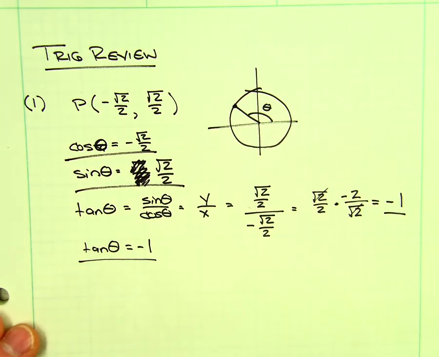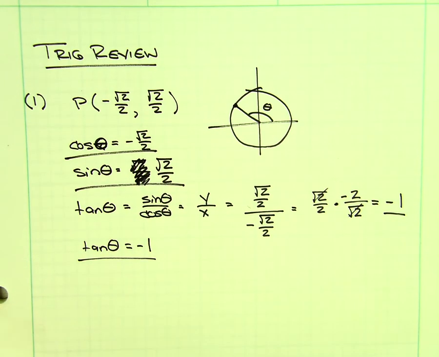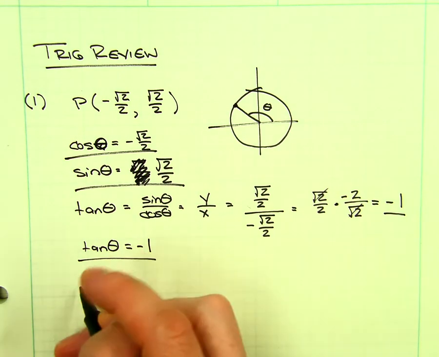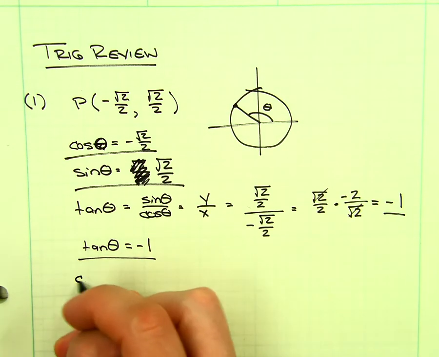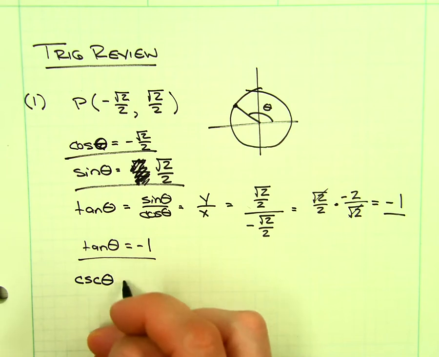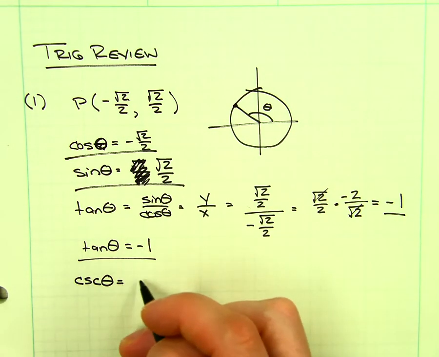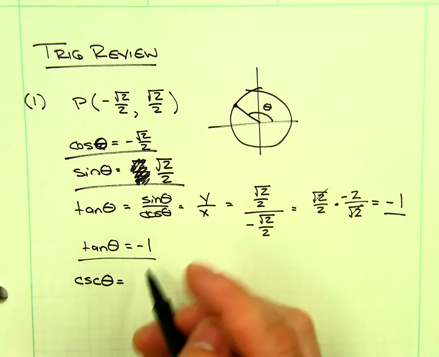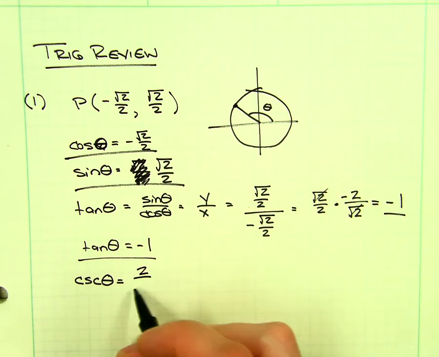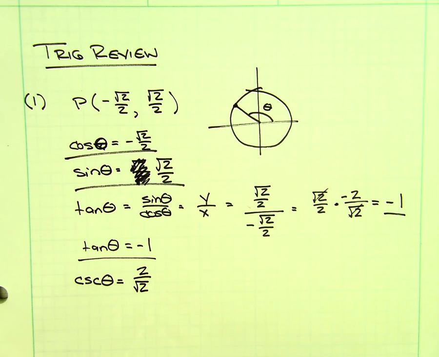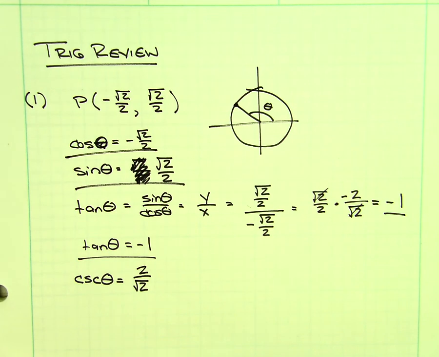Cosine, sine, tangent. Now I still need to find 3 more: my cosecant, my secant, and my cotangent. These aren't too bad, just remembering that the cosecant is the reciprocal of not the cosine, but the sine. The sine is root 2 over 2, so the cosecant is going to be 2 over root 2. Now this root 2 on the bottom is troublesome.